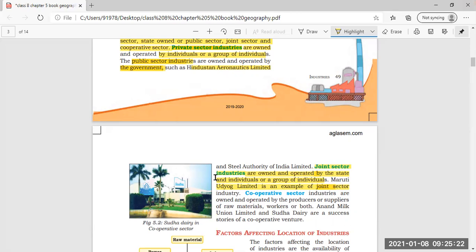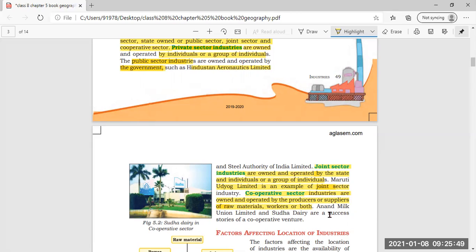Then the next category of industries under ownership is cooperative sector. Now these industries are owned and operated by the producers or suppliers of the raw material. That means cooperative industries are those in which the producer or the supplier itself is involved in making up that industry.